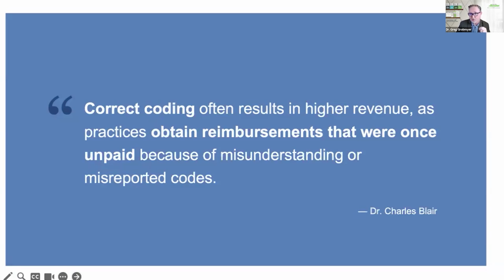So we are going to be talking about those descriptors tonight and those changes to those descriptors. This correct coding is going to result in higher revenue because you're going to get your reimbursements back in a timely manner. You're going to get ones that weren't being paid, they were being denied. But now if you're doing it correctly and submitting with the right documentation, those are going to get reimbursed.